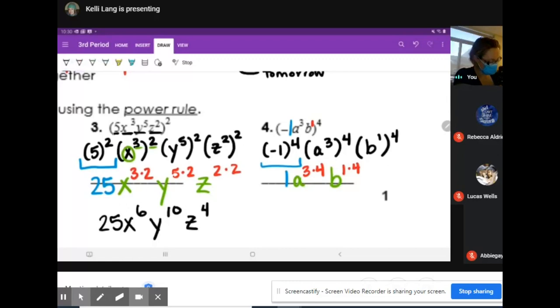So we can simplify this down quite a bit. We don't need to write the 1 in the front. You can have it. It's not wrong if it's there. But the a becomes a to the 12th, and b becomes b to the 4th. So you might notice at this point, it wasn't necessarily mandatory that we write this 1 in, but I find that it does help me just kind of stay organized. So I recommend it.